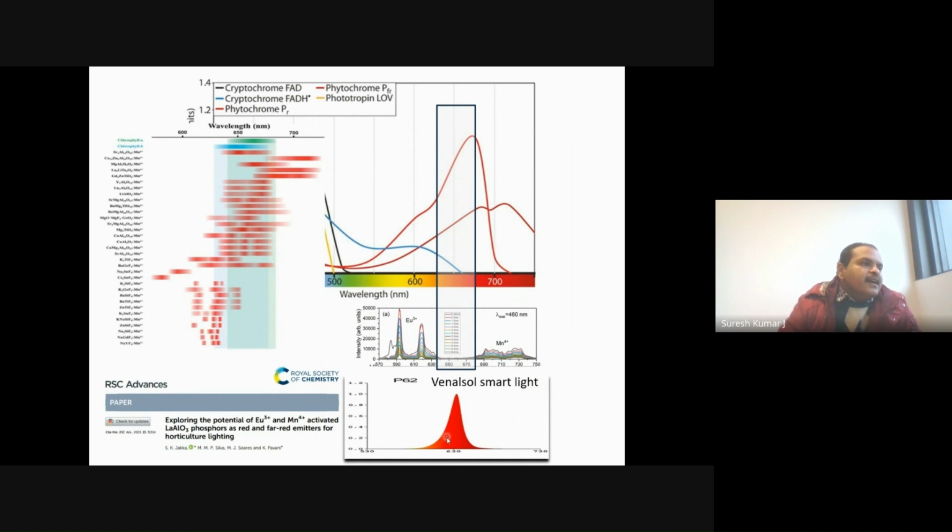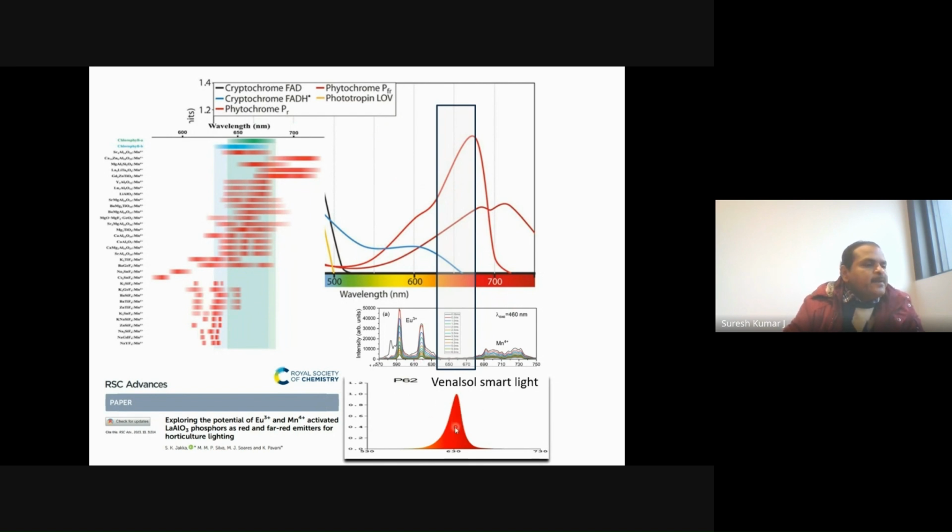That means this LED can be combined with the phosphor developed by us, LaAlO3 with europium and manganese, and the total PAR region from 570 to 750 nanometers can be illuminated. In that way, all the PAR region can be illuminated, and the plant can grow and absorb all the radiation in this region, which is needed for phytochrome PR and phytochrome PFR. So this is what we have achieved.